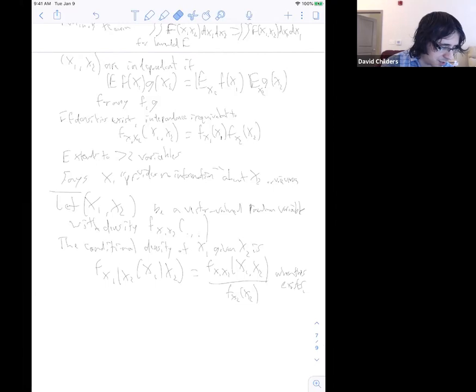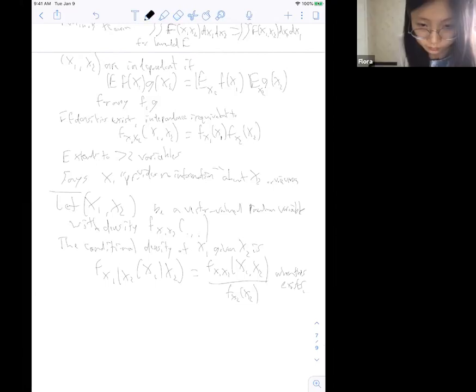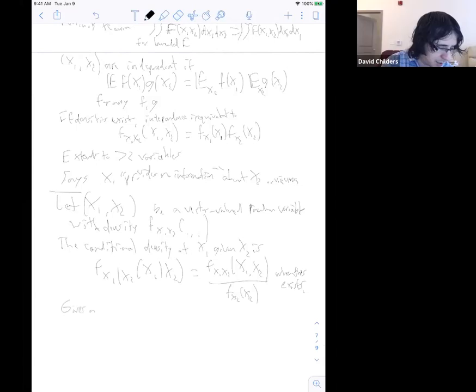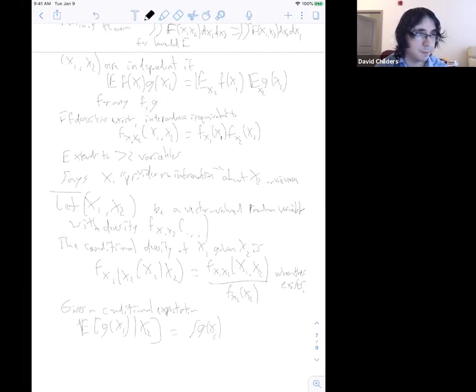And so this gives us a conditional expectation. So the expectation of g of x1 given x2. This is like the expectation notation that we had before, except there's a bar here, which is equal to the integral of g of x1 times the conditional density.